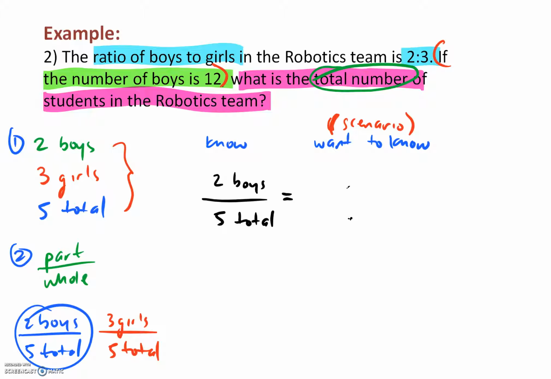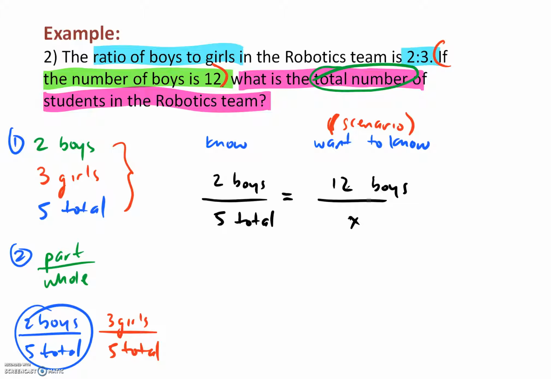The units on the top need to be the same, and the units in your denominator also need to be the same. So therefore, 12 boys needs to be on the top, and X represents the total on the bottom. So we need to find out the total number of students on the robotics team if there's 12 boys. So we have our proportion set up.